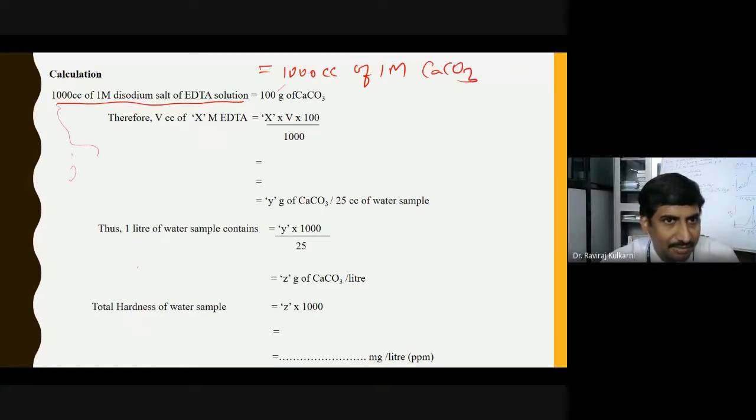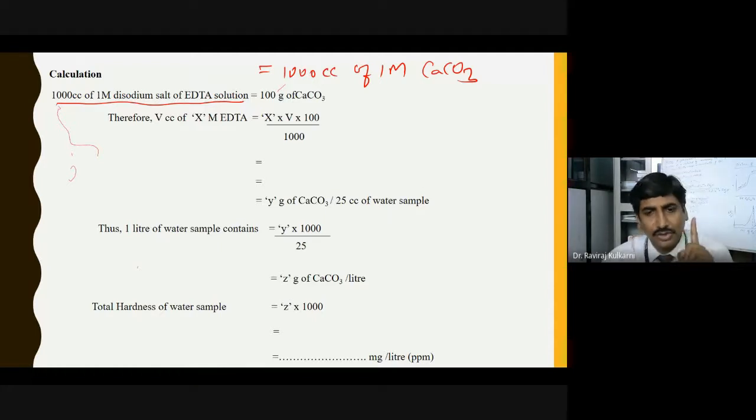Do you agree with this? Say yes or no, please. Otherwise, I don't understand whether you are following it or not. 1000 cc of 1 molar EDTA is equal to 1000 cc of 1 molar calcium carbonate. Okay, you can write that.